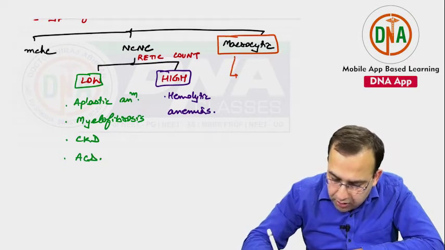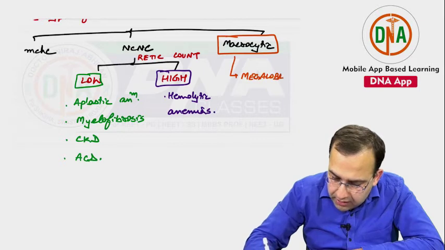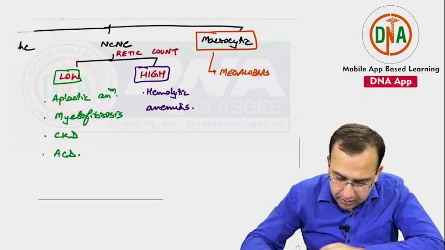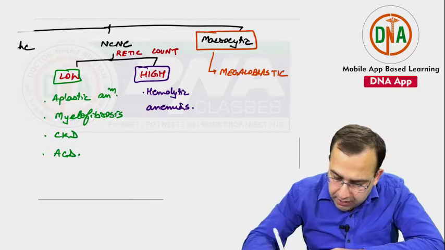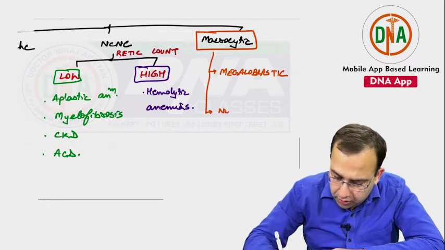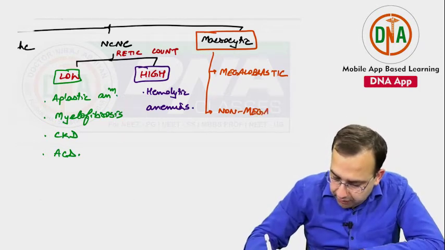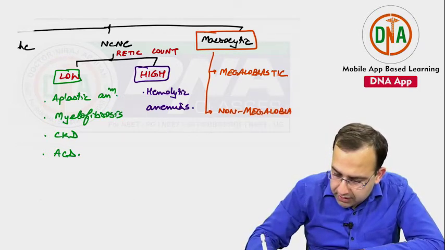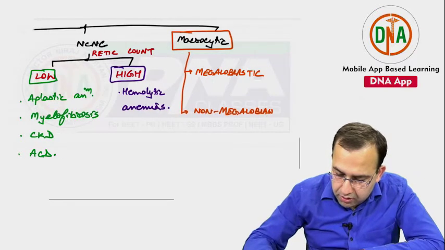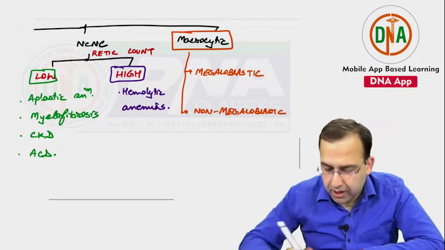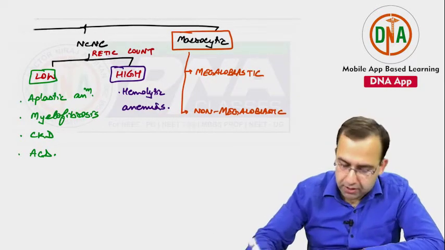They are further of two types, that is megaloblastic anemia and non-megaloblastic. Sorry, we'll do this in detail when we study nutritional anemias. So macrocytic, they are of two types, megaloblastic, non-megaloblastic.